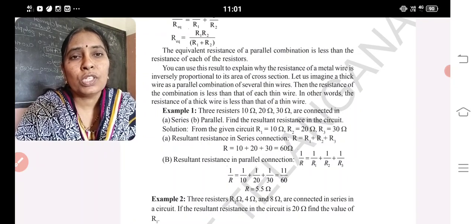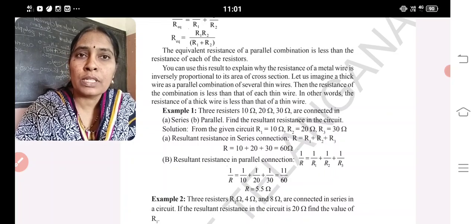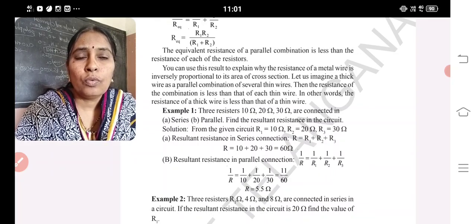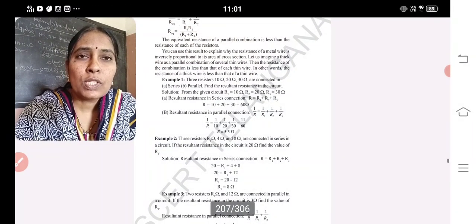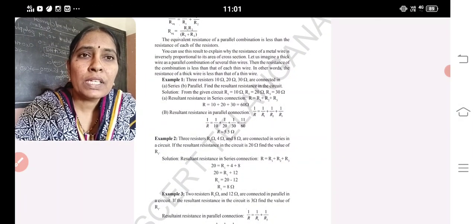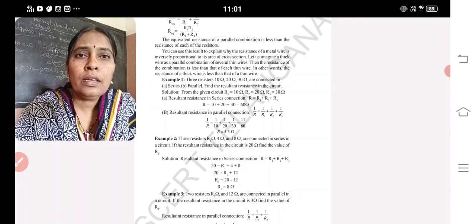Electric current derivations too, we are going to get, even the Ohm's law derivation in the board exam. So 1 by R equals 1 by R1 plus 1 by R2 plus 1 by R3. That is compulsory. Okay.